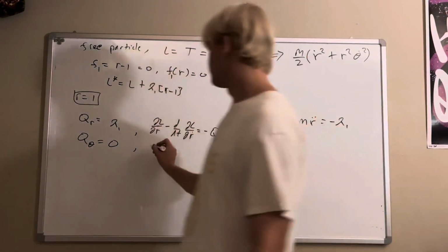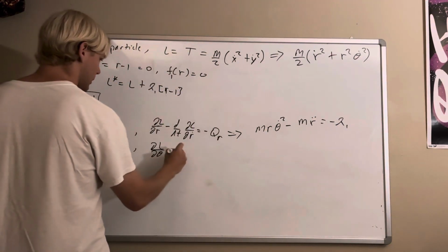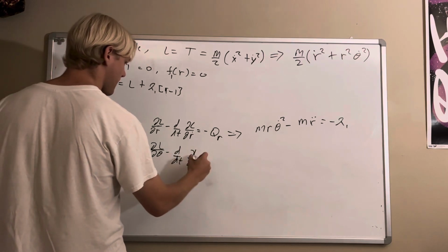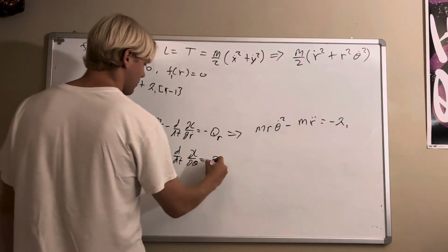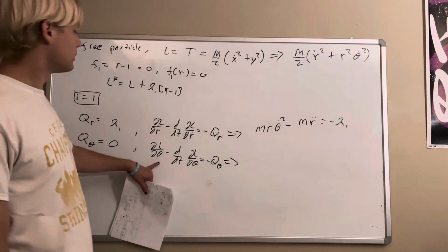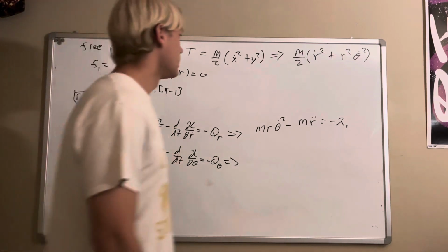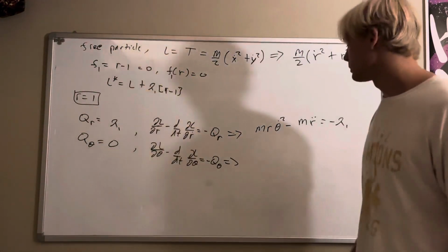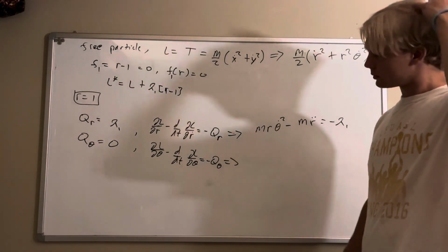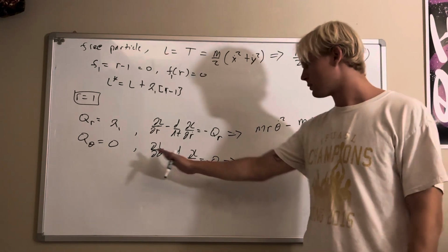And in this one, same thing. What do you get? This is going to be a cyclic coordinate one, where you've probably done this a billion times too. It's a cyclic one, so this is 0, so that's 0.